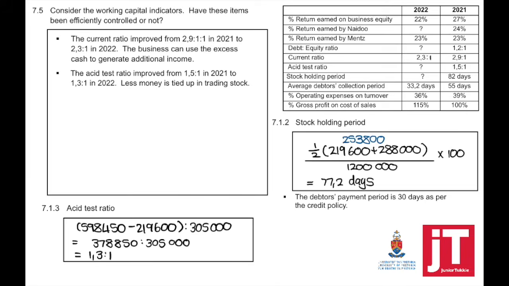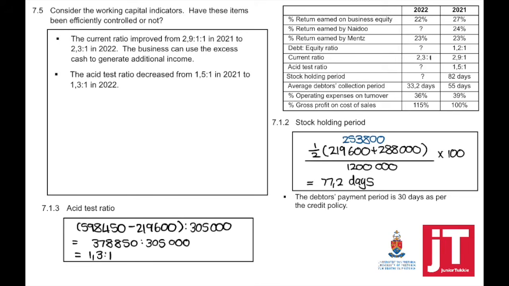Less money is tied up in trading stock. I'm making a slight change there. Say the asset test ratio decreased from 1,5 to 1 in 2021 to 1,3 to 1 in 2022. Identify the words increased or decreased and quote the figures.